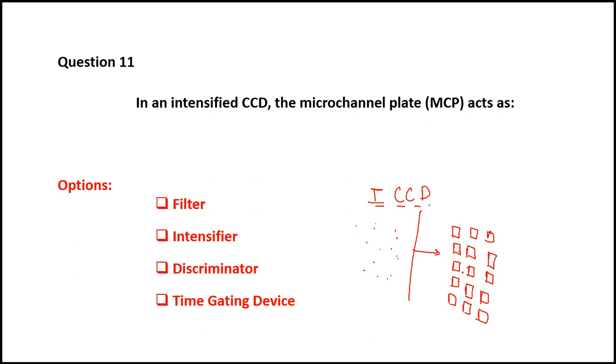Now what does this microchannel plate do? Suppose now this microchannel plate, assume it in the form of a pipe. Now when a single photon strikes on this, this has a system, say like this.